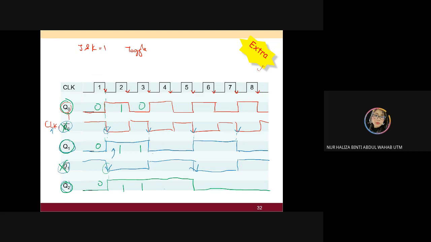For cycle 4, 1, 0, 1. For cycle 5, 1, 0, 0. And it continues. You're going to get all the counting down. And lastly, here you have 0, 0, 1.